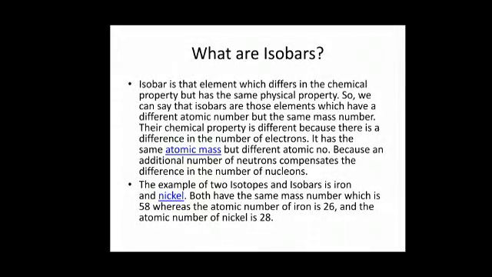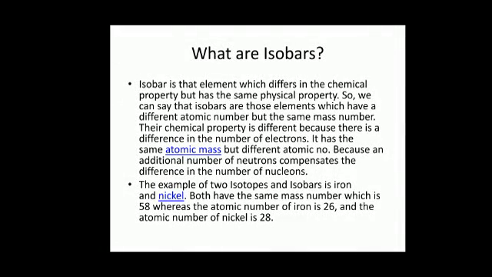Now let us study what are isobars. Isobar is that element which differs in the chemical property but has the same physical property. So we can say that isobars are those elements which have a different atomic number but the same mass number.